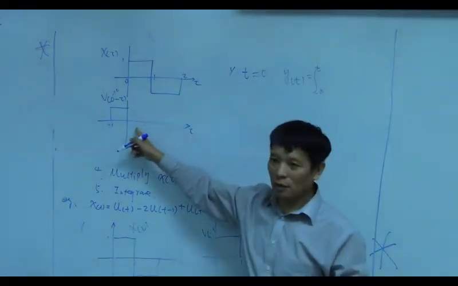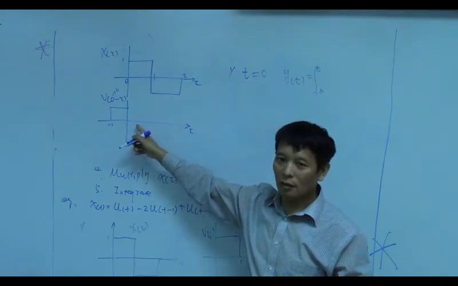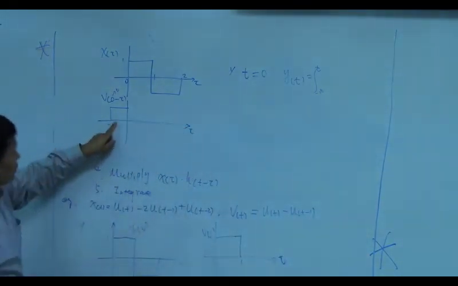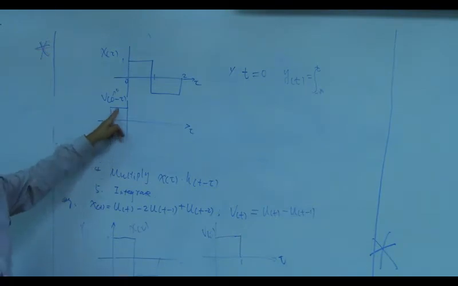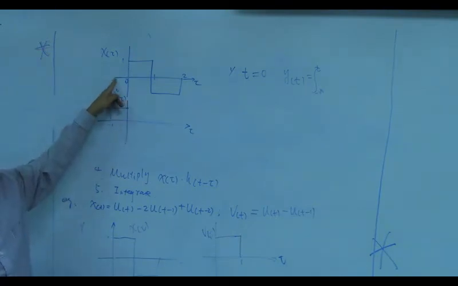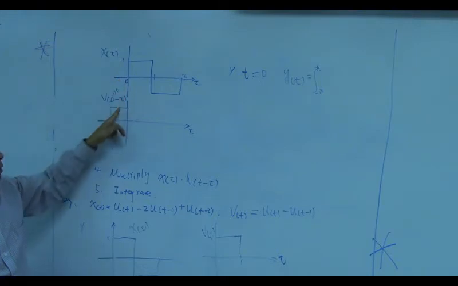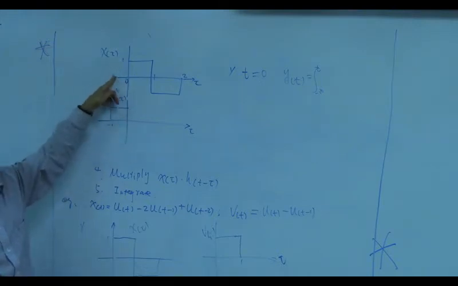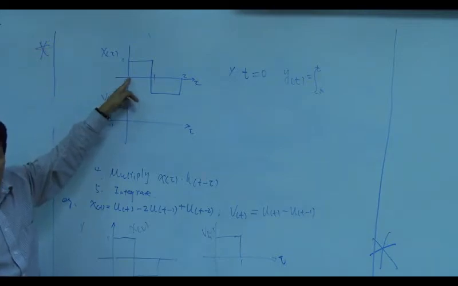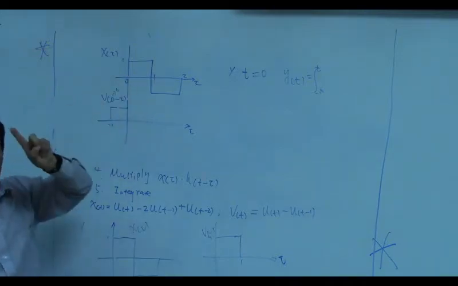At this point, this one is 1, but this one equals 0, so you get nothing. How about this point? This one is 1, this one equals 0 here, so nothing. How about at 0? This is 1, this is 1, so you get only 1.